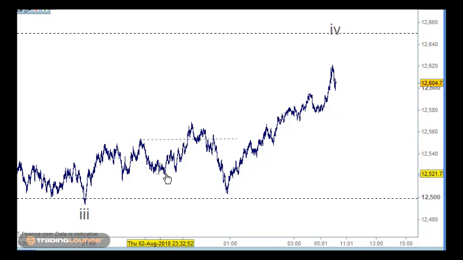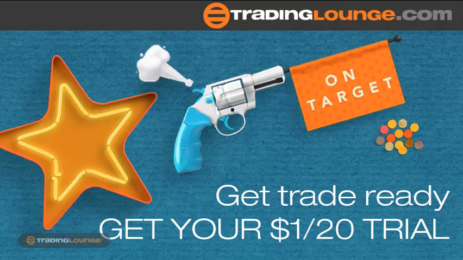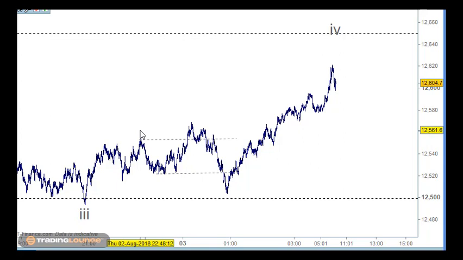well, an expanded flat. That's basically what it is, because we've got 1, 2, 3, 4, 5 here for wave 1. We can't use this as a wave 2, because expanded flats apparently don't happen in wave 2s.